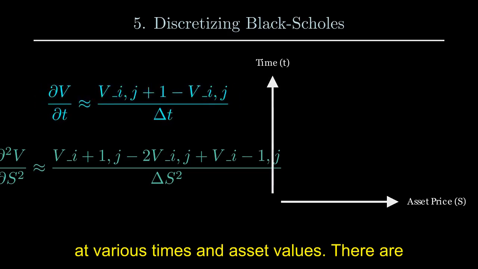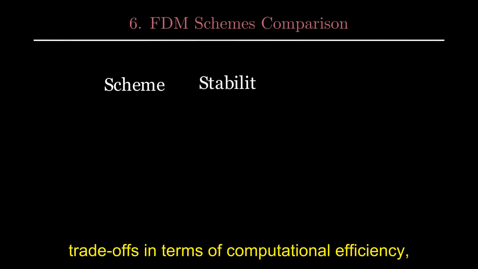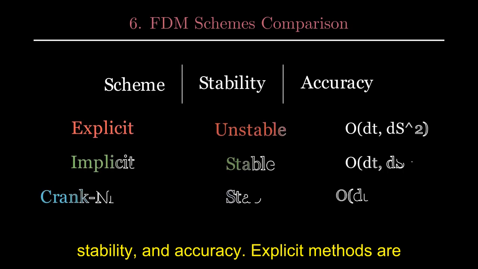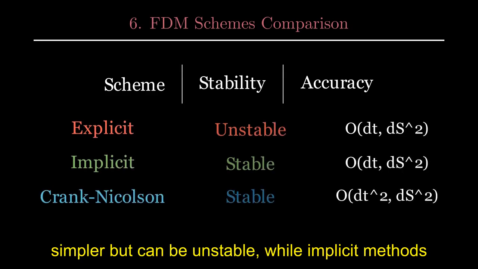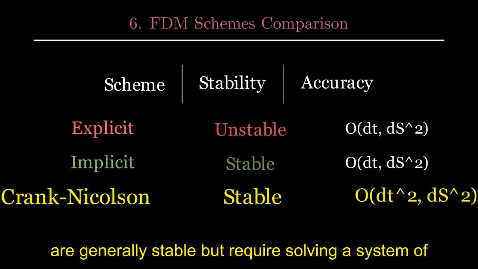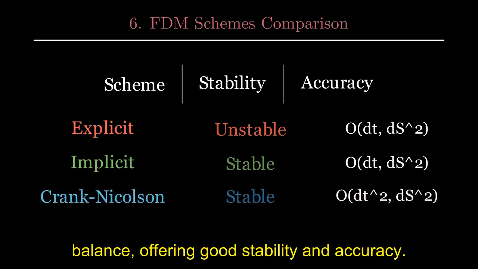There are different flavors of FDM, including explicit, implicit, and Crank-Nicolson schemes. Each has trade-offs in terms of computational efficiency, stability, and accuracy. Explicit methods are simpler but can be unstable, while implicit methods are generally stable but require solving a system of equations at each step. Crank-Nicolson strikes a balance, offering good stability and accuracy.